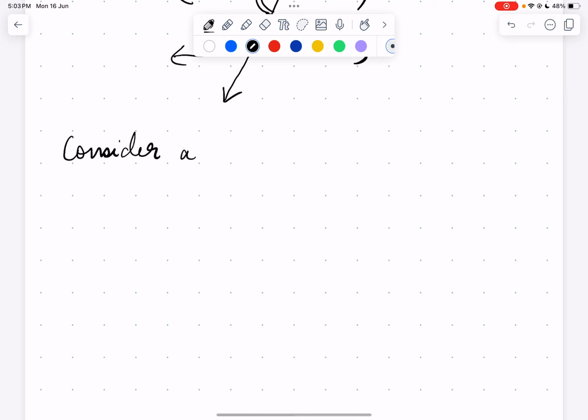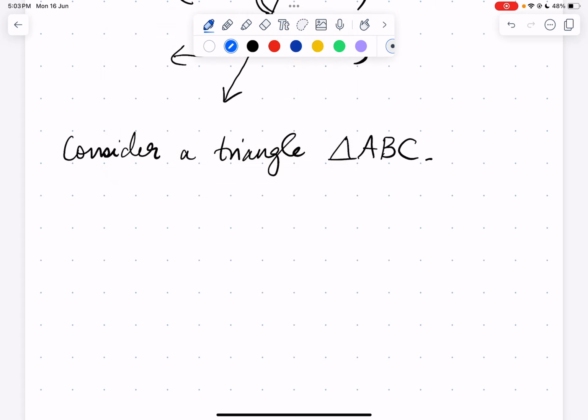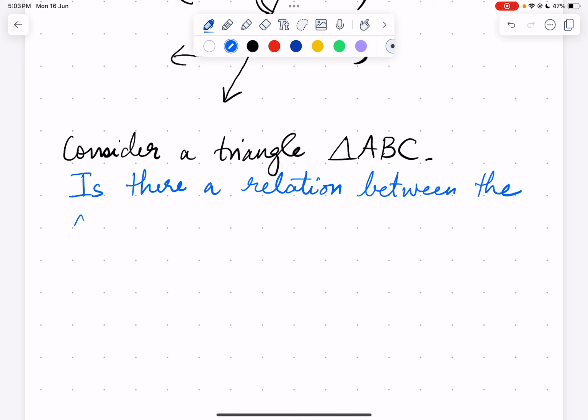Consider a triangle ABC. So we can ask, is there a relation between the angles at A, B, and C?